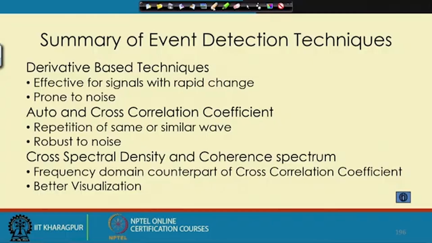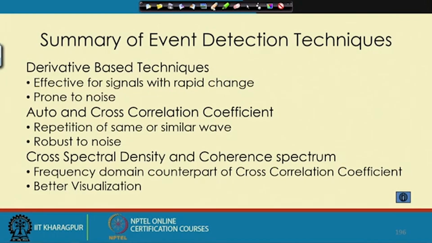After the derivative filter we also need to use some sort of low pass filtering, because we may get multiple peaks, and we merge them to get a single peak to catch the single event that has occurred. So, that is about the derivative based filtering.